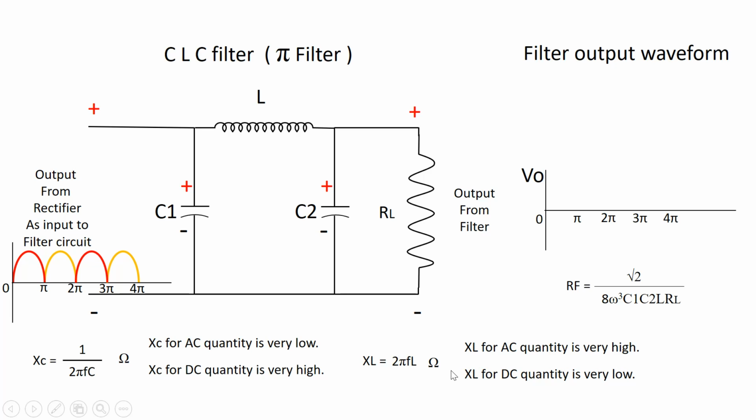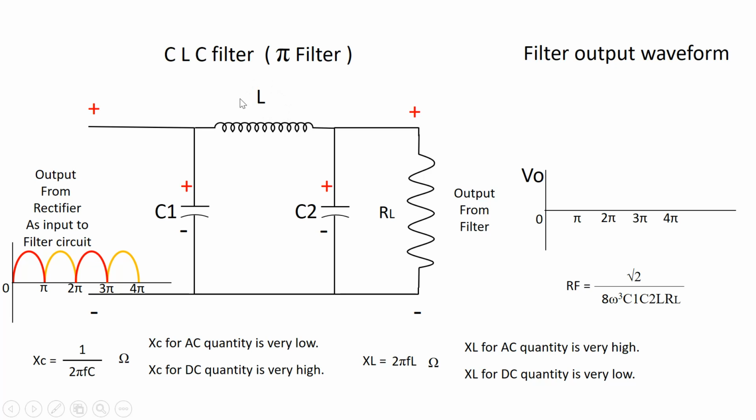Now, with these characteristics of XC and XL, the first capacitor will be conducting the maximum of the AC quantities through it, and they will not be reaching the next part of the filter circuit, wherein the remaining AC and DC characteristics will be passing through the inductor L. As this inductor offers very low resistance for DC, the DC will be easily passing through it, but the inductor will be blocking the AC.